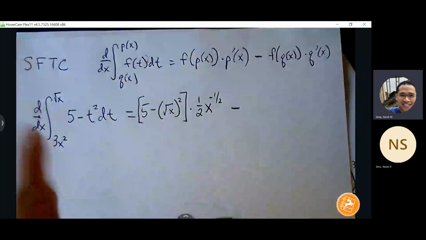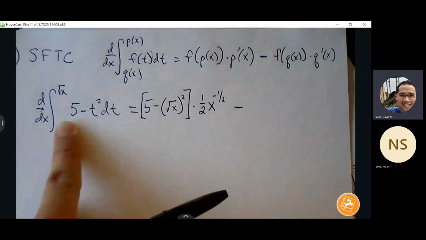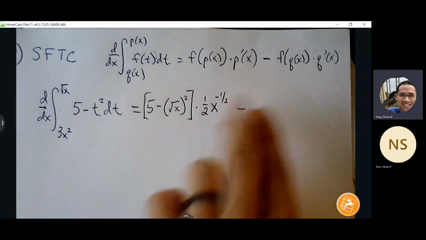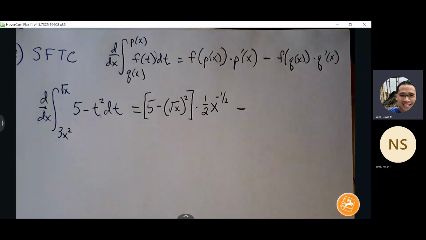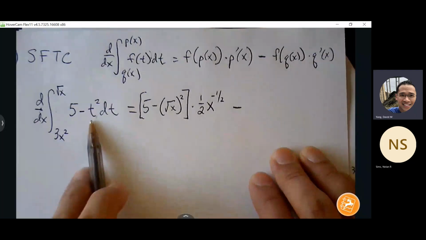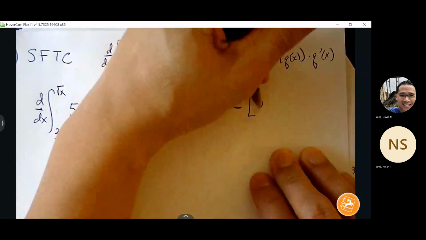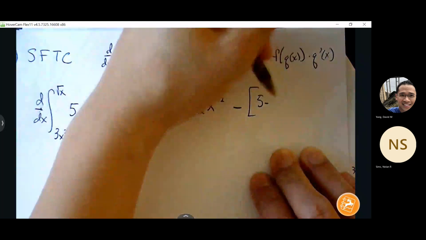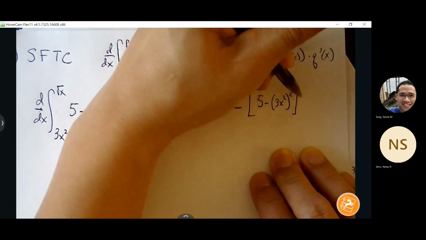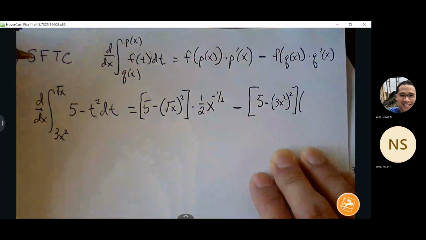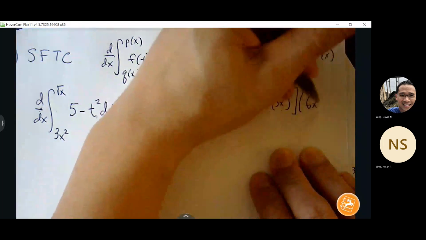Right. Minus. We got to keep going because if this was a constant, we will leave it alone. There's nothing more that needs to be done, but a variable forces us to keep track of it. So 3x squared in for the t. Times 6x.